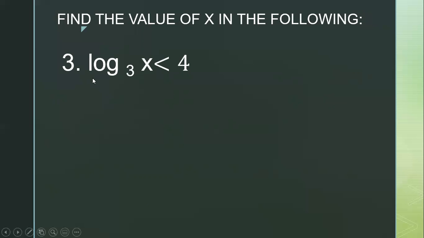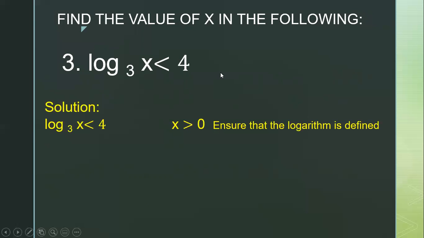So let's try solving the third example, which is an example of a logarithmic inequality. Right? So solving for the logarithm of x to the base 3 is less than 4, okay, we have to ensure that the logarithm is defined. That is, if x is greater than 0. Okay?